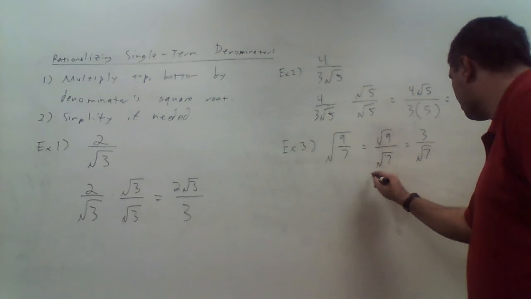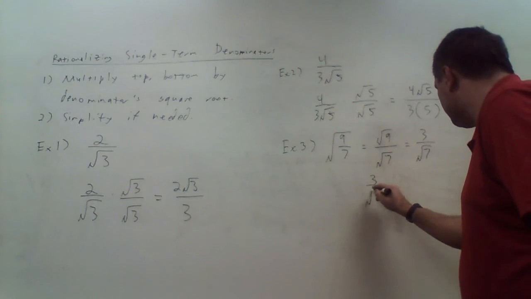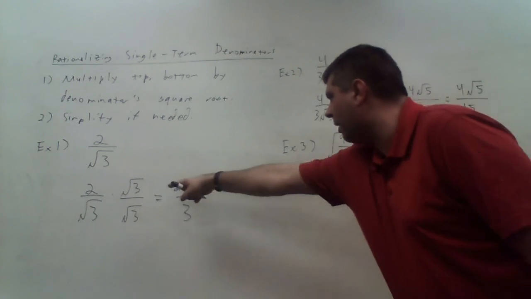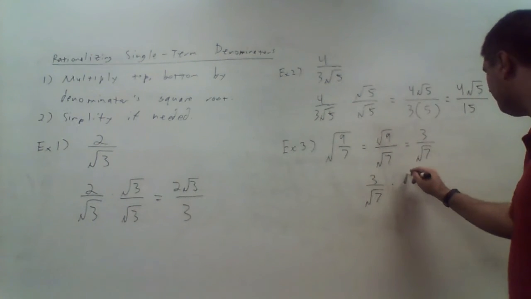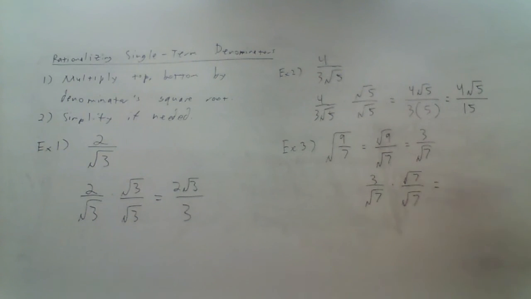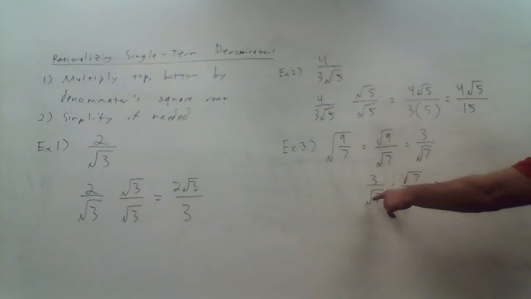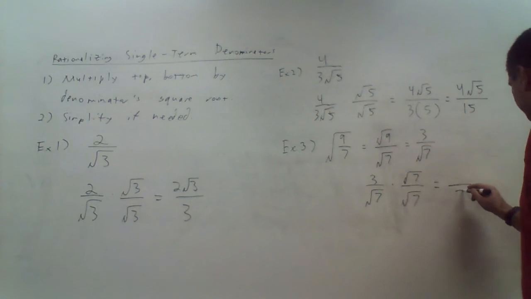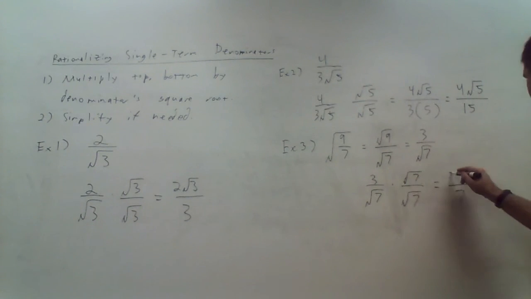So 3 over the square root of 7, that's similar to this problem. You'd multiply top and bottom by the square root of 7. So square root of 7 times square root of 7 is just 7. 3 times square root of 7 is what you're going to have up here.